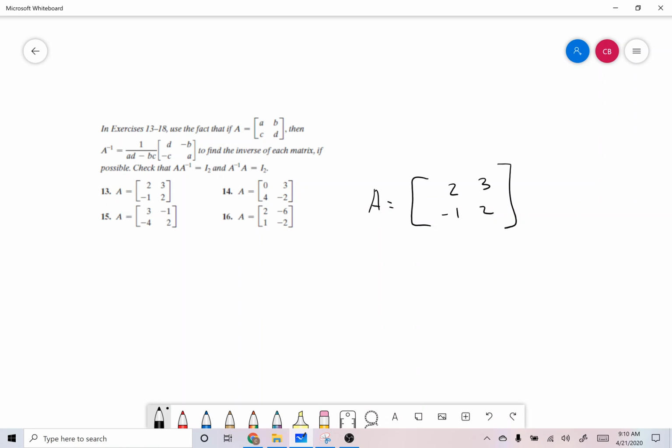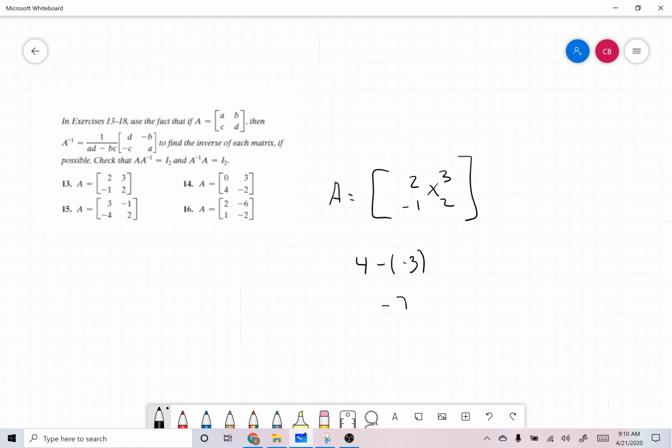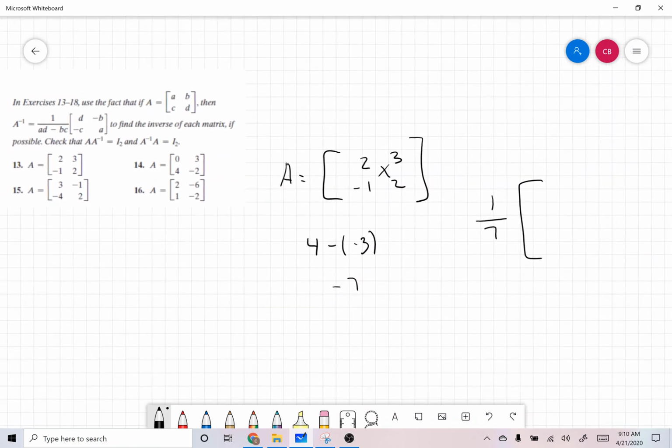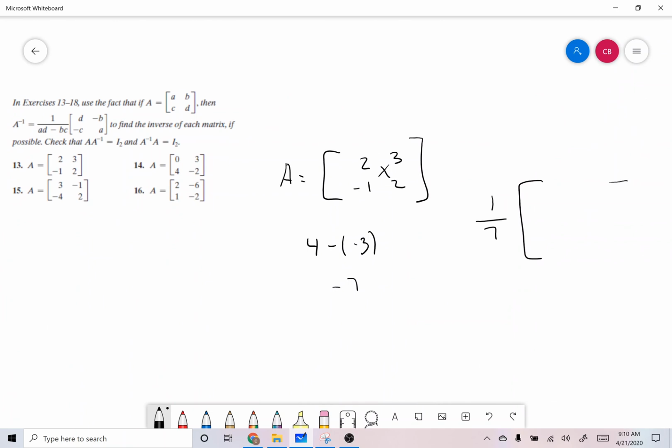Okay, so let's figure this out. We're going to use the formula. Let's do the determinant. This times this is 4, minus this times that. 3 times -1 is -3, so the determinant is 7. So this is going to be 1 over 7. Okay, and now what we're going to do is switch A and D, these two.